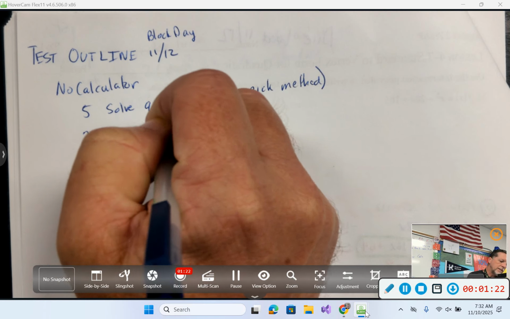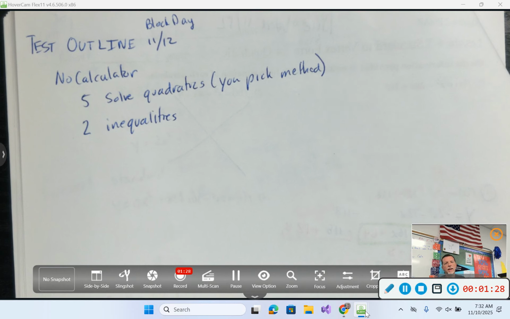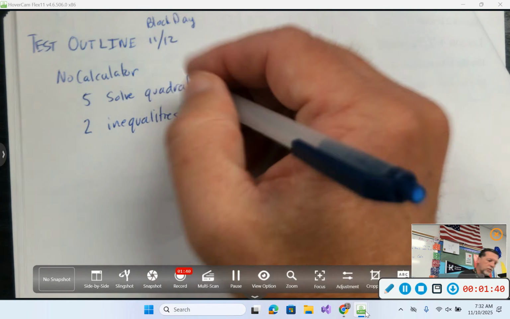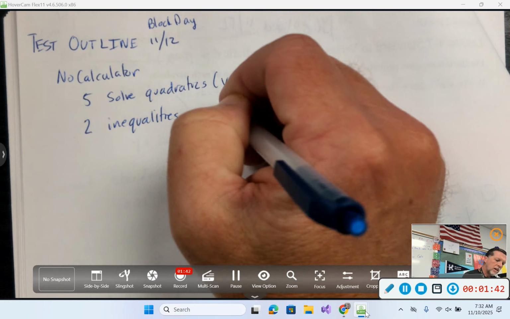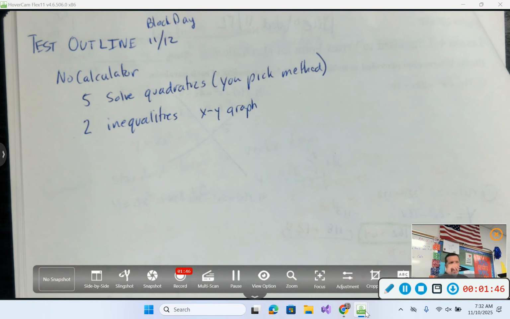Two inequalities, quadratic inequalities. And you might remember there were 2 types of inequalities that we did. There was the graph it on an XY graph, where you shade above or below, dashed versus dotted line.